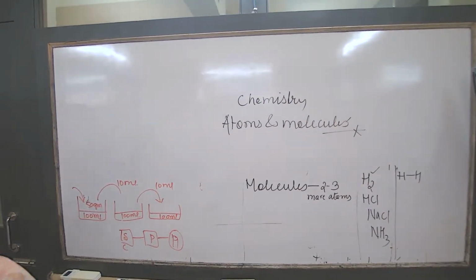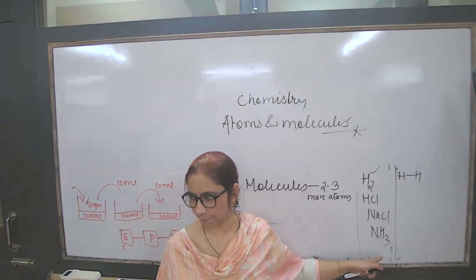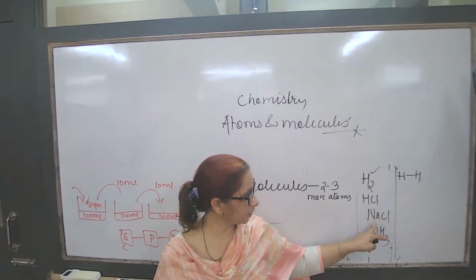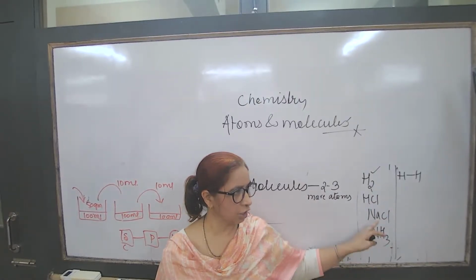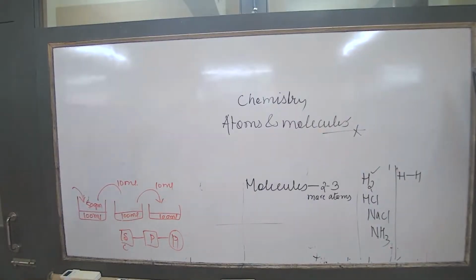Here in the margin, please write down these examples. This will help for the further explanation. Hydrogen, HCl, NaCl, NH3. Write down all these examples. So a molecule means two or more atoms bonded together, chemically bonded together.